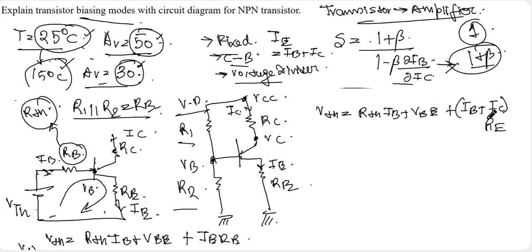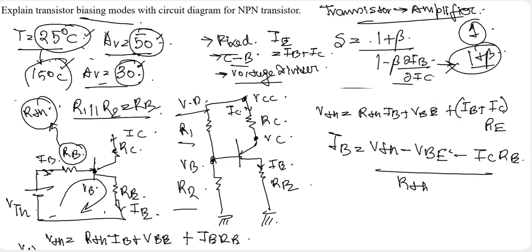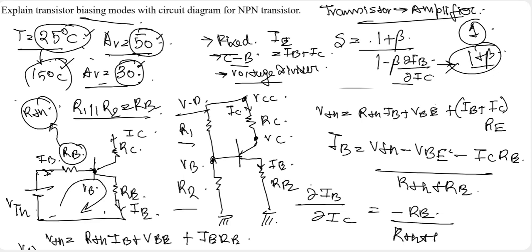Okay. So this is the value of V of Thevenin. And from this equation, we will find the value of IB. So here the value of IB is equal to V of Thevenin minus VBE minus IC RE divided by R of Thevenin plus RE.